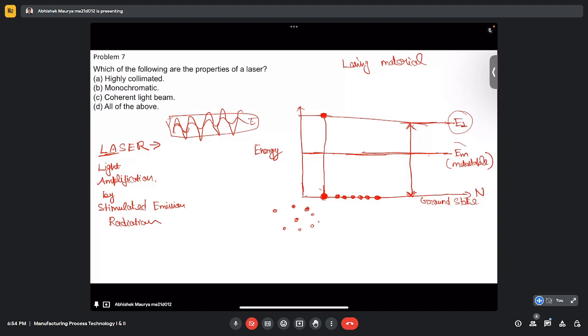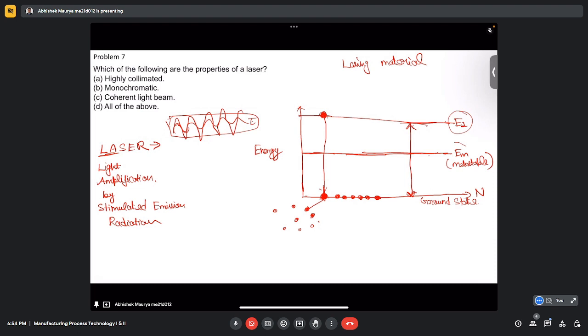Light means I provided some photons which have energy equal to the gap of the difference, and when it gets absorbed by the electrons on the ground state, the electron on the ground state is raised to the excited state.